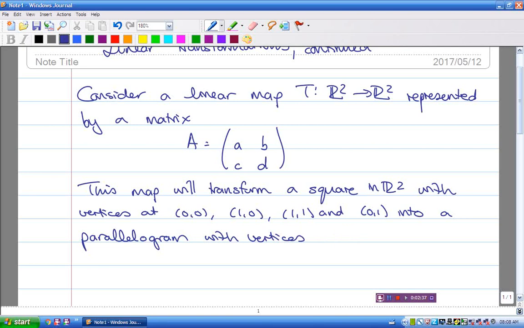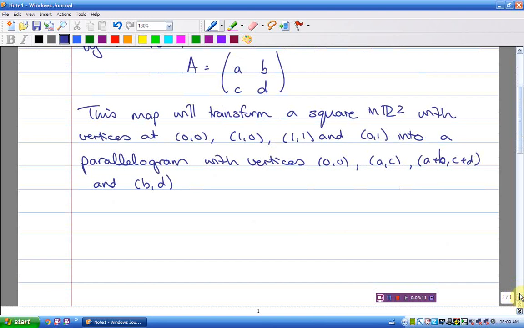If you take that matrix A, B, C, D and multiply it by each of those points expressed as a column vector, you'll get four new points: (0,0), (A,C), (A+B, C+D), and (B,D). In other words, we've taken a square and turned it into a parallelogram.